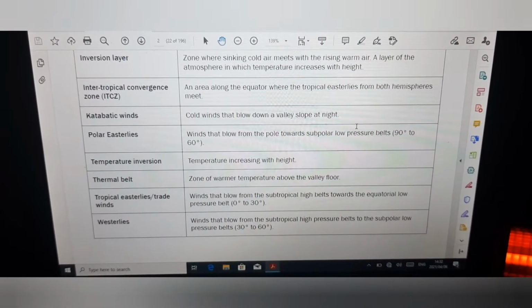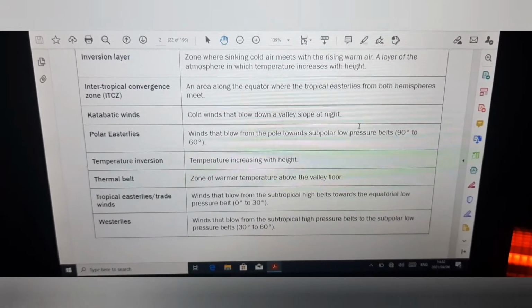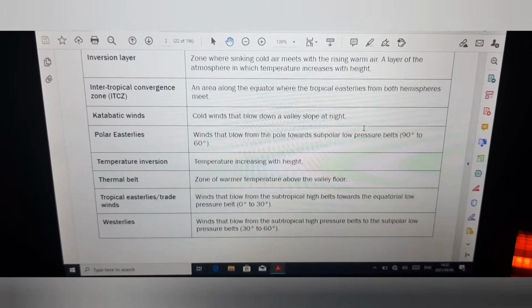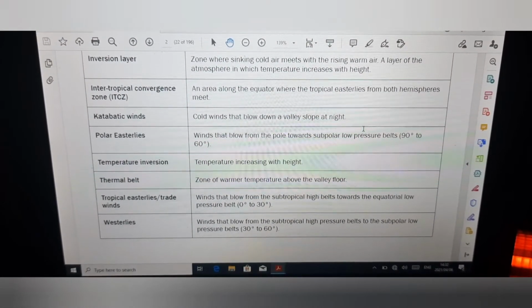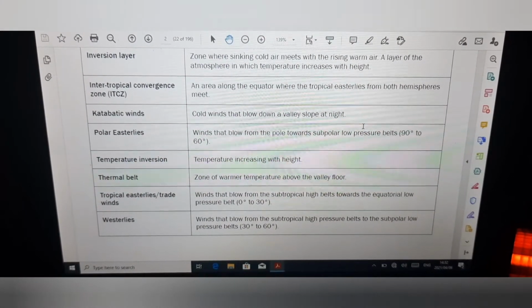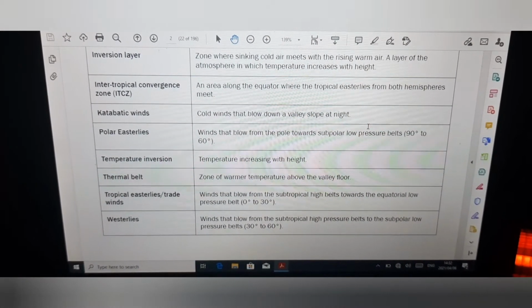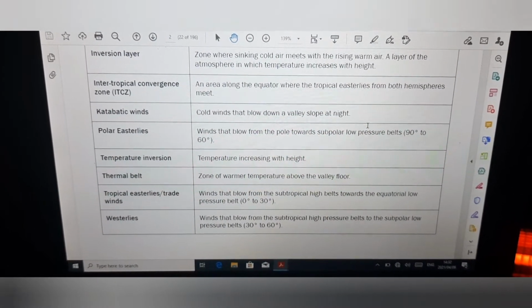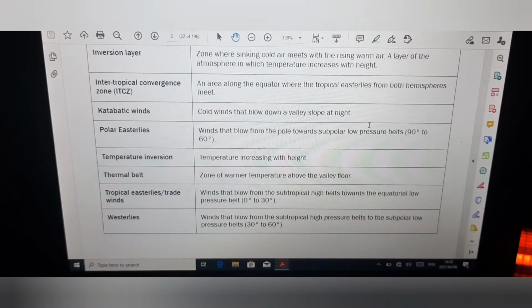Intertropical convergence zone, an area along the equator where the tropical easterlies from both hemispheres meet. So this is the northern and the southern hemisphere meeting. Where they meet is called the intertropical convergence zone. Katabatic winds, these are cold winds that blow down a valley slope at night.